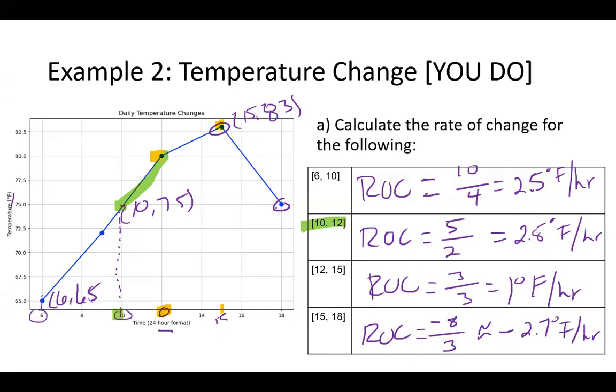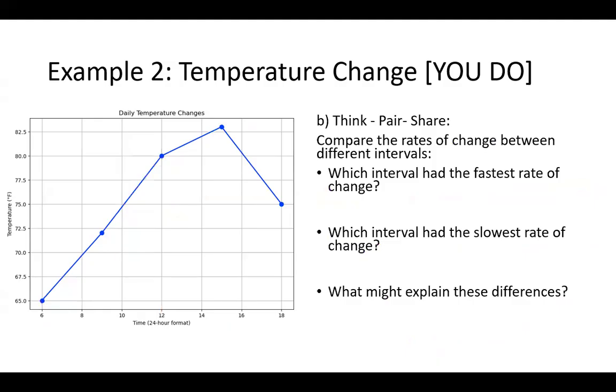Okay. So with that, at your table, you should be able to talk about the think, pair, share. What did you put? Which interval had the fastest rate of change? When you're telling me the interval, we're using the brackets and saying from here to here had the fastest rate of change. Does that make sense? You also can write it using inequalities if that makes you feel better, which is the less than or equal to symbols.